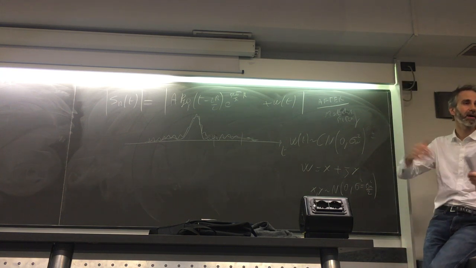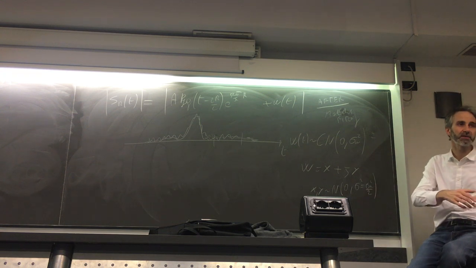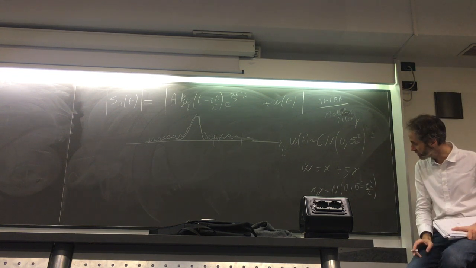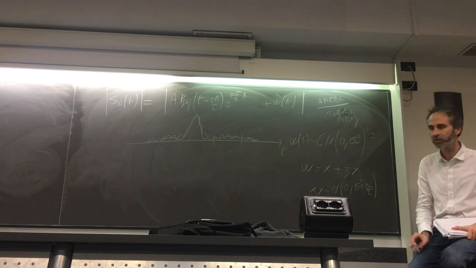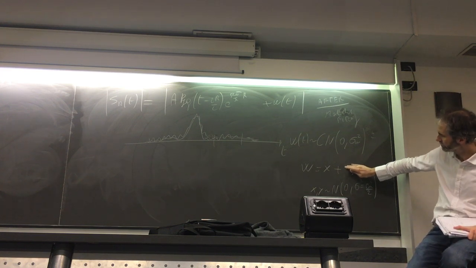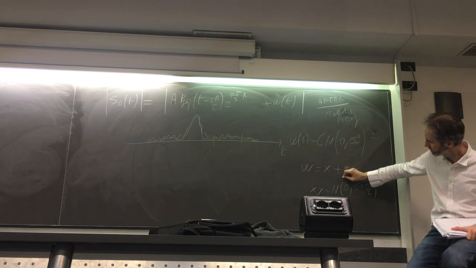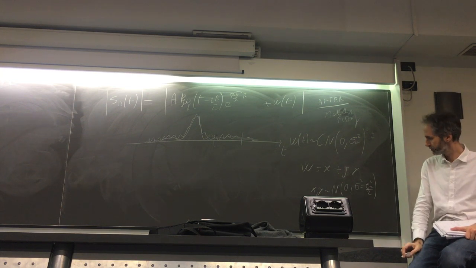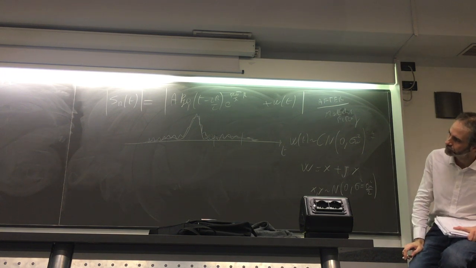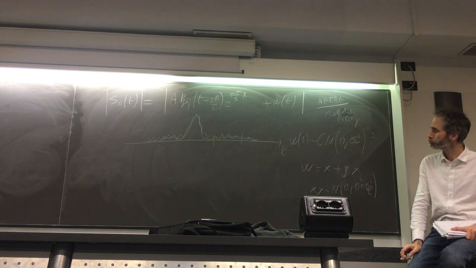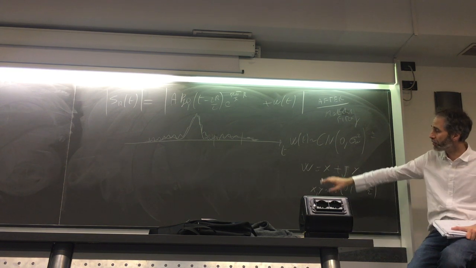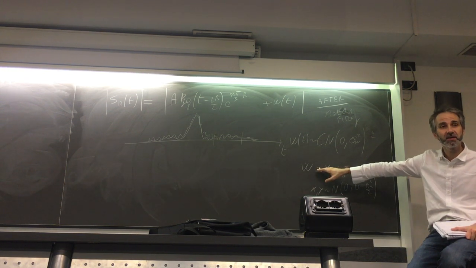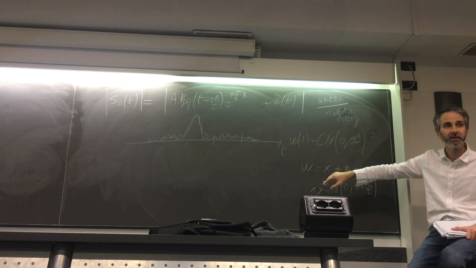So half the power is in the real part, half the power is in the imaginary part. So we have the statistics of the complex noise, and the statistics of its real and imaginary part.